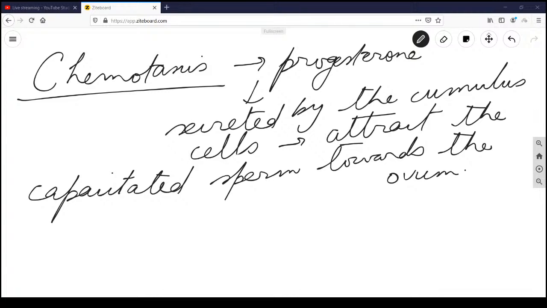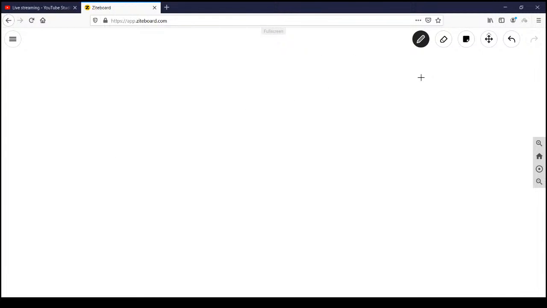Now let's come to the last reaction, known as the acrosomal reaction, which is the recognition of the zona pellucida by the acrosome. Finally, the sperm has bound to the cumulus cells now. Now hyaluronidase has been released.